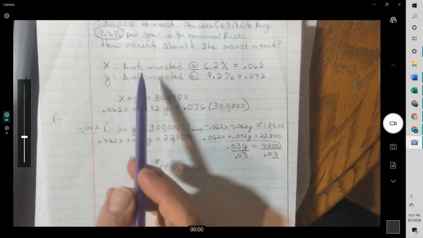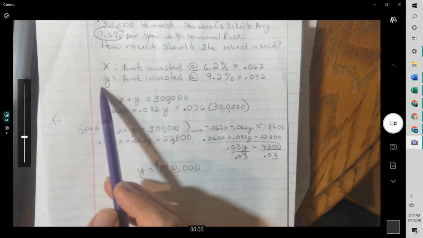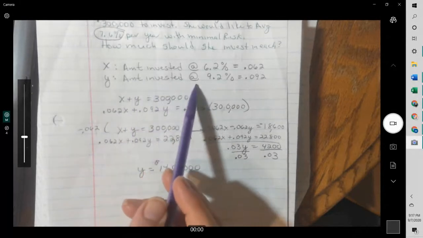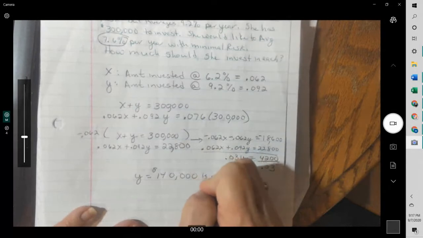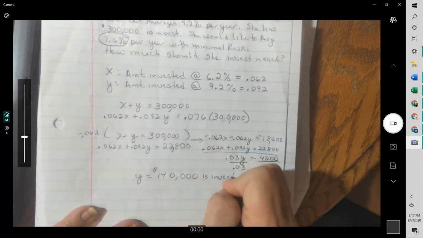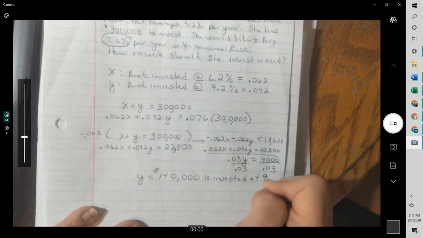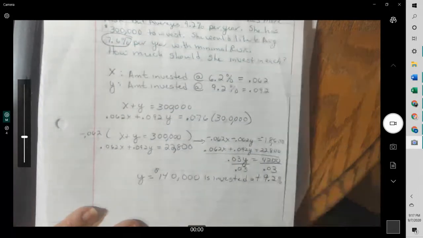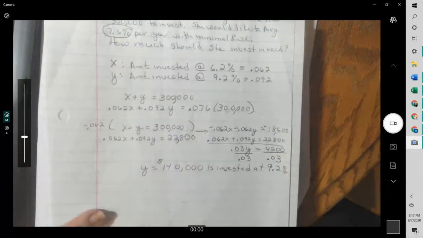Well, if you didn't write these, you may not remember what was what. But y was the amount invested at 9.2%. So 140,000 is invested at 9.2%. How do I find x?